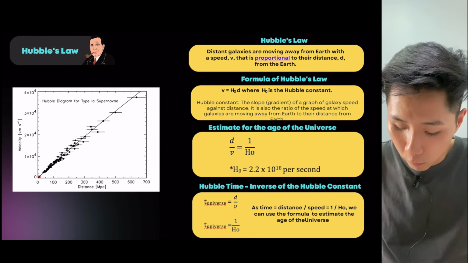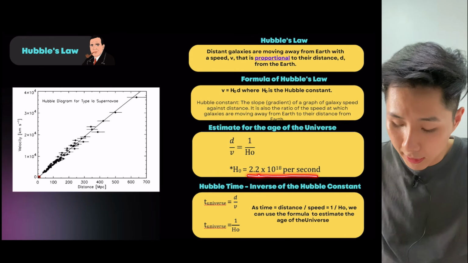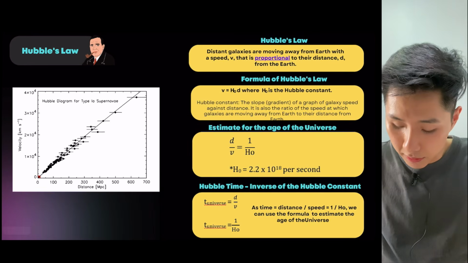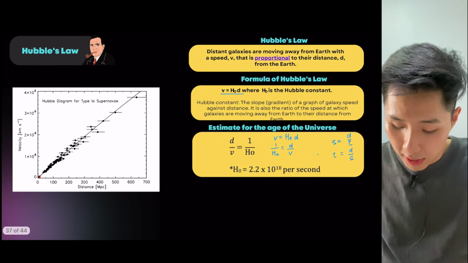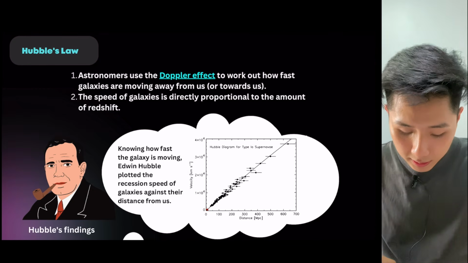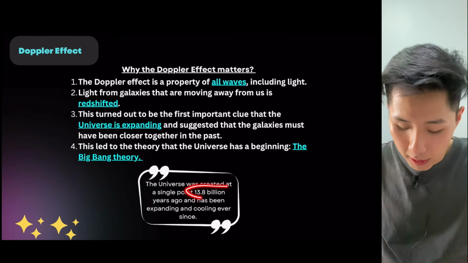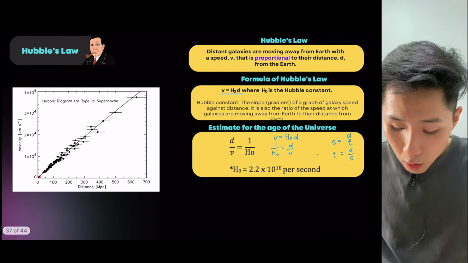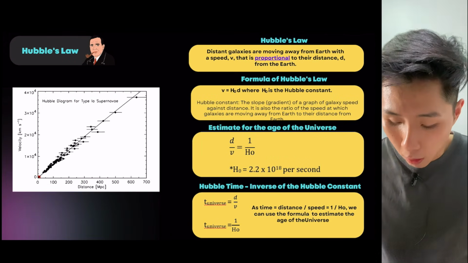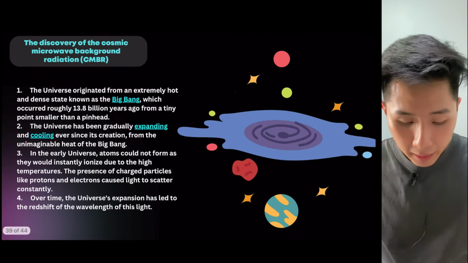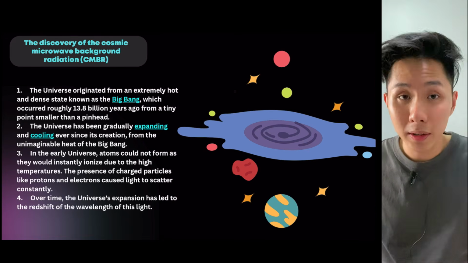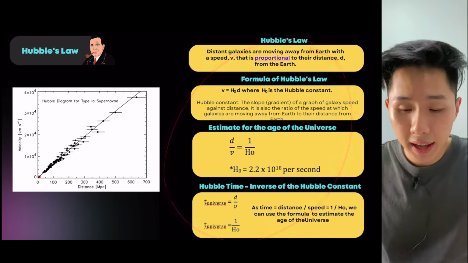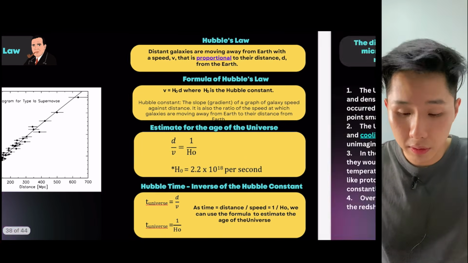And if you calculate 1 divided by 2.2 times 10 to the power of 18, you will get the age of the universe, which is what we have calculated here, 13.8 billion years. So that's how scientists show how old the universe is. So that's about it for the Hubble constant and calculating the age of the universe.